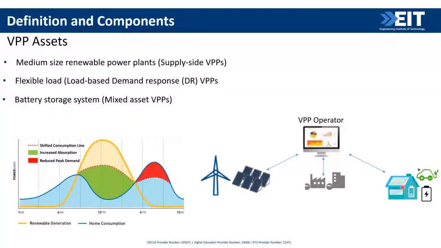And because here we are using a storage system like a battery or electric vehicle, the power can be stored, and this gives more flexibility to the VPP to support the grid by injecting power to the grid when it's needed. So power can be stored and can be available at any time. This means more flexibility.